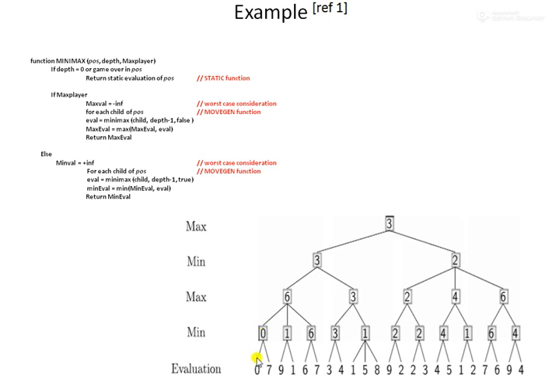So min has evaluated this, and again it has generated minimax. So min eval is positive infinity, and the eval here for this case is 0. So 0 and positive infinity, which one is lesser? Definitely 0 is less, so in this case 0. Again it will come here and compute, so minimax will return 7. Now it will be compared with 0 and 7, so which one is minimum? 0, so in this case the value here will be 0. So min will return from these two evaluation functions, that means two children, it is 0.